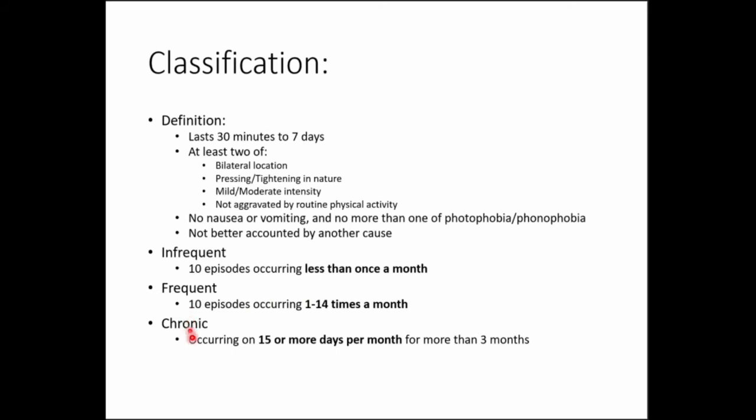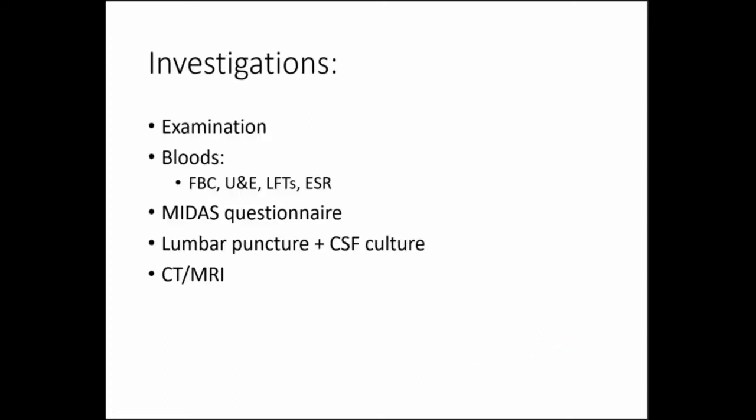So, for example, if a person has 10 episodes over a period of 5 months, and they have 2 every month, this would be frequent. And then chronic would be when it occurs on 15 or more days per month for more than 3 months.